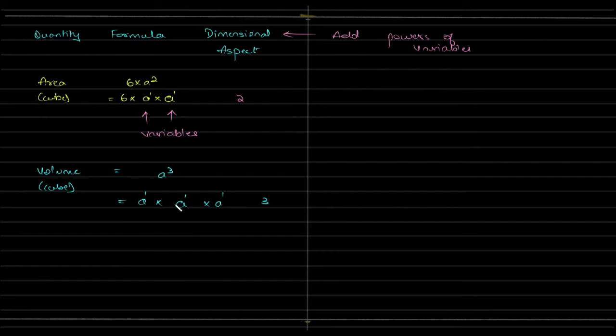The powers of the variables will add up to the dimensional aspect of the given quantity. So if you analyze a formula in this manner, you learn it better. Yes, cube is a very easy thing to deal with, and we need not do so much, but I'm doing this because in the future, when we deal with other problems and other formulas, this will help us.